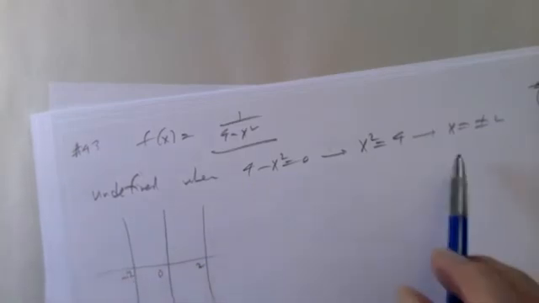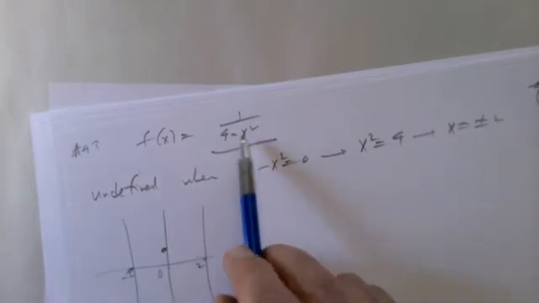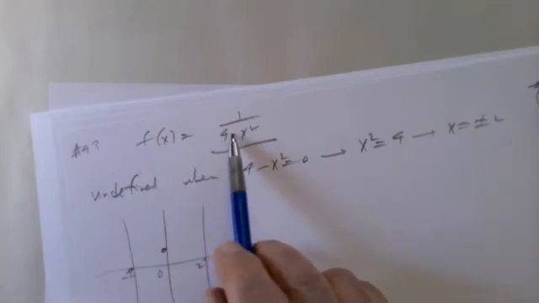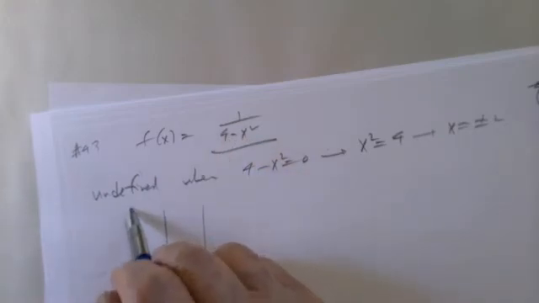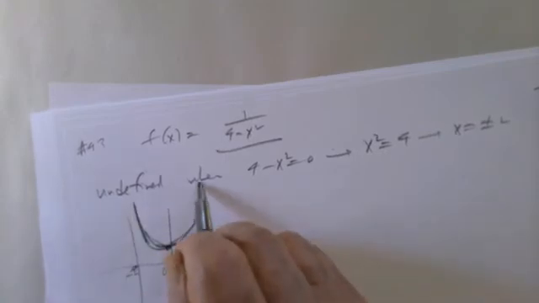So this function is not defined at minus 2 or plus 2. When x is 0, it's equal to a fourth. And when x is between minus 2 and plus 2 in absolute value, x squared is less than 4. So this is a positive number, and it's going to infinity as you approach 2. So you have a graph that looks something like this. Here.